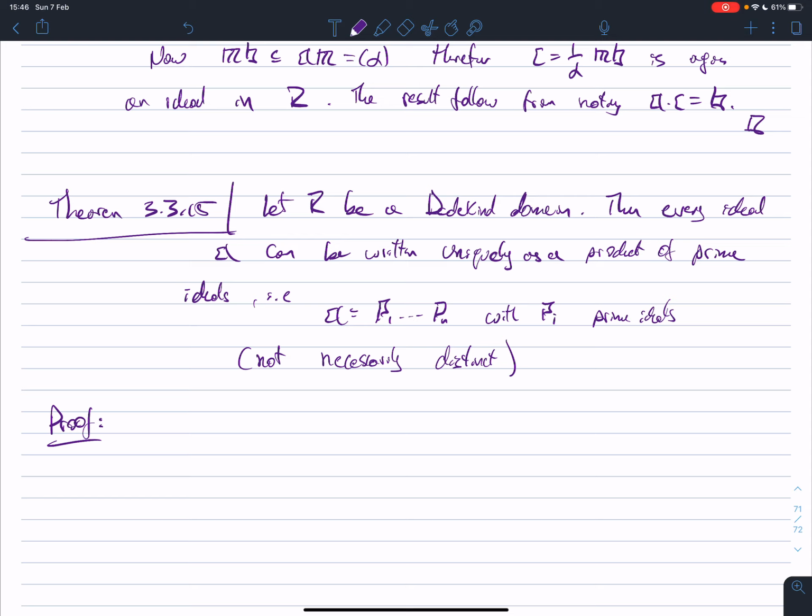So first, let's show that every ideal can be written as a product of prime ideals, and then we'll do the uniqueness. So first, we show that every ideal can be written as a product of prime ideals.